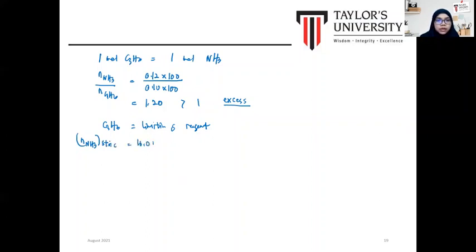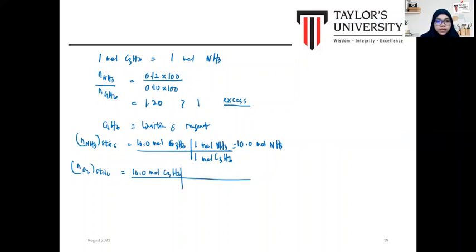We have 10 mole propylene, and 1 mole ammonia per mole propylene based on the stoichiometry, so we get 10 mole ammonia. For oxygen, with 10 mole propylene and 1.5 mole oxygen per mole propylene, it turns to 15.0 mole O2.